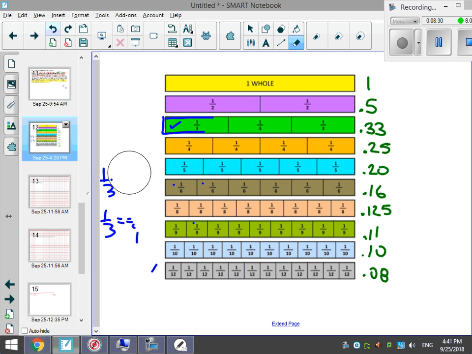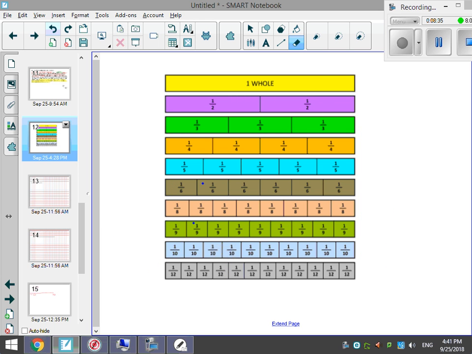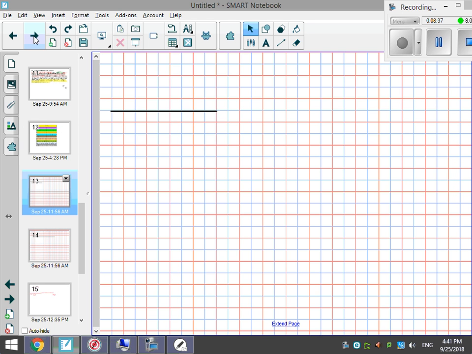Let's take a look at what we started doing today. So if I start with the fractions 1/2, we'll go 1/4, and how about 5/8?